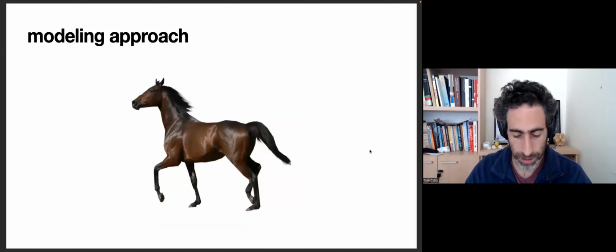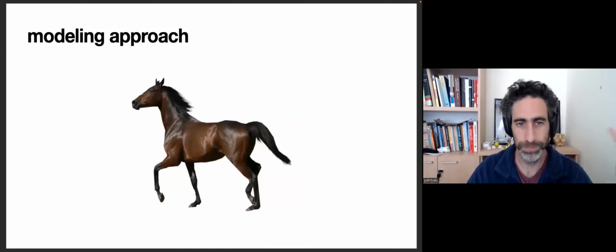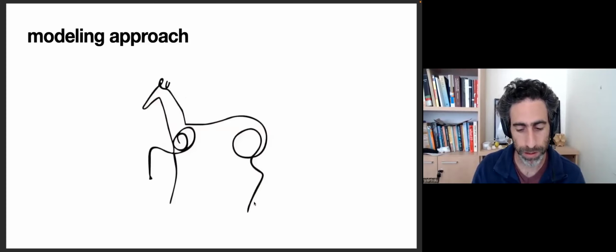We see its color, its details, the shine in its hair. This is, in the analogy I want to bring here, the full-blown beauty and complexity of a natural system. What I do is that I look at the horse and then I do this. Okay, now this is my horse.